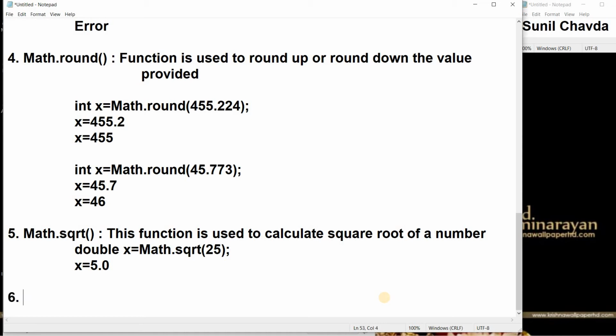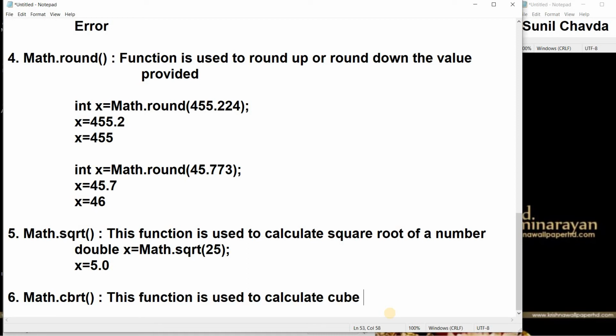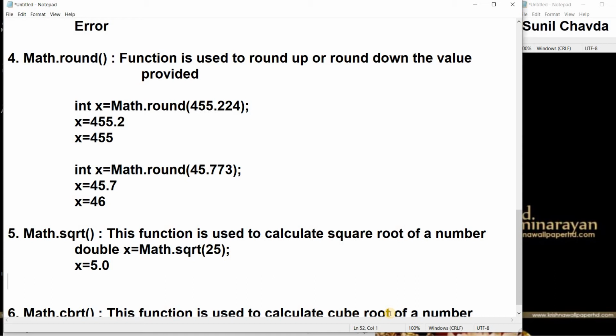The next function after Math.sqrt is Math.cbrt, the cube root. What is the job of this function? This function is used to calculate the cube root of a number. One more thing I forgot to tell you is that the square root function never works with a negative value.